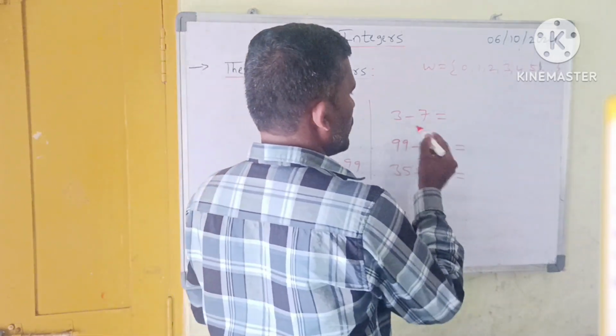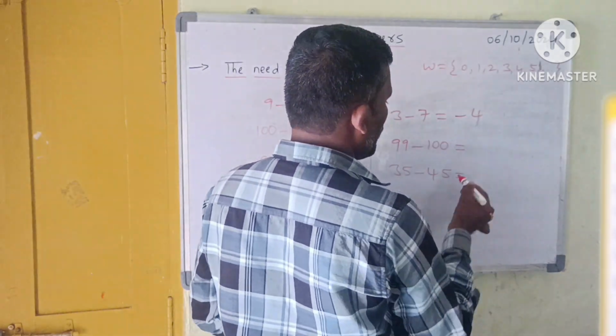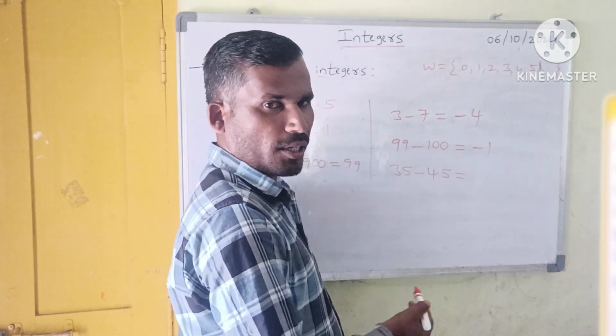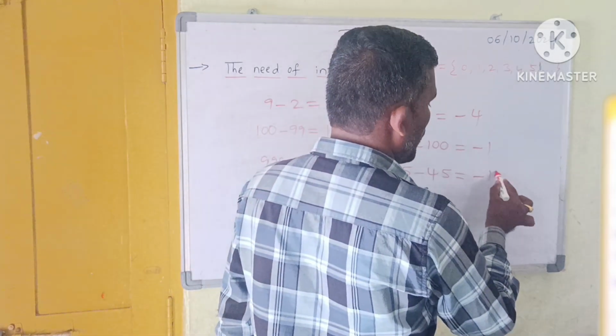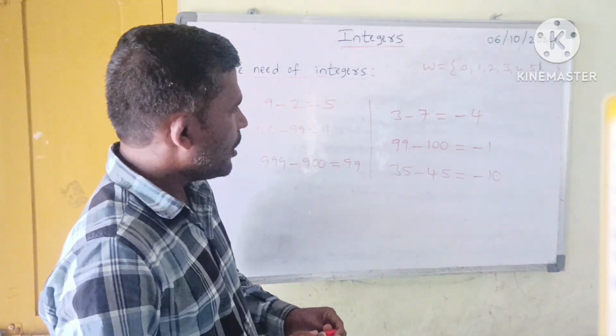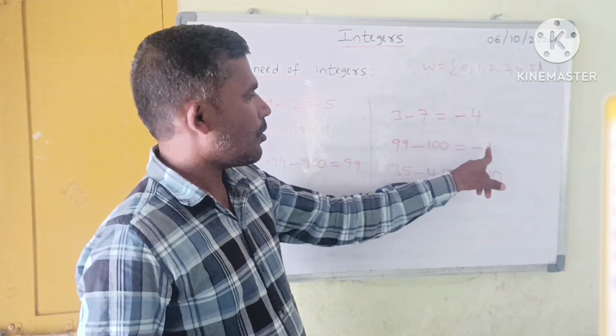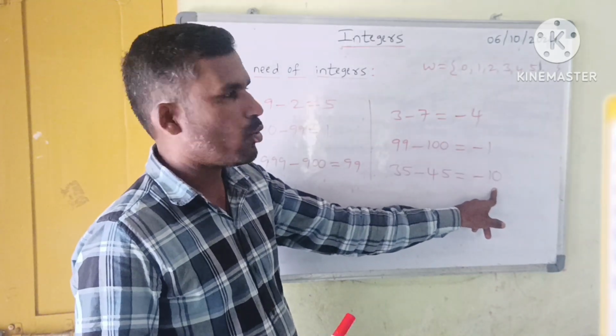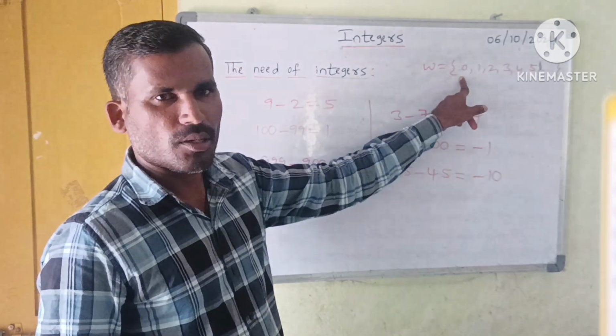So 3 minus 7 is actually minus 4, 99 minus 100 is minus 1, and 35 minus 45 is minus 10. But these negative numbers, minus 4, minus 1, minus 10, are not in the whole numbers.